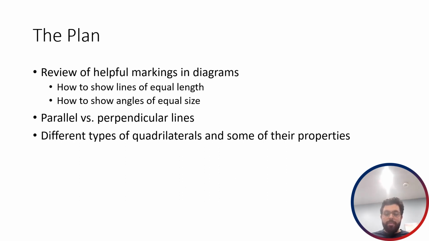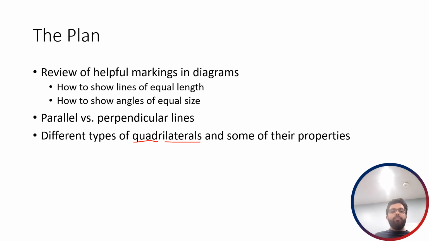Today we're going to continue that discussion, but make it a little bit more advanced because we're going to be talking about quadrilaterals, which are four-sided shapes. This is something I've mentioned before: you've got quad meaning four and lateral meaning side, so four-sided shapes. That's what we're going to be talking about in today's video.